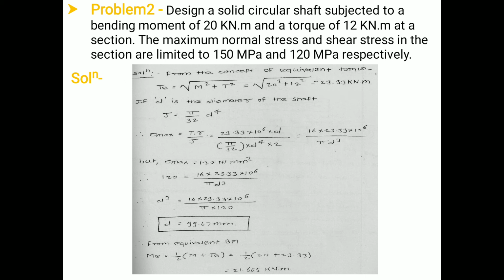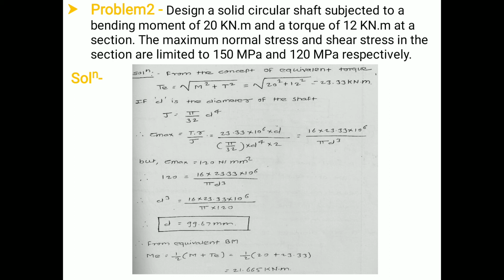Now assume d as the diameter of the shaft, that we have to find out. Therefore, as d is the diameter of the shaft, the value of J, the polar moment of inertia, can be given by pi by 32 d raised to 4. On putting the value of J and the value of Te, we will get the value of maximum shear stress.